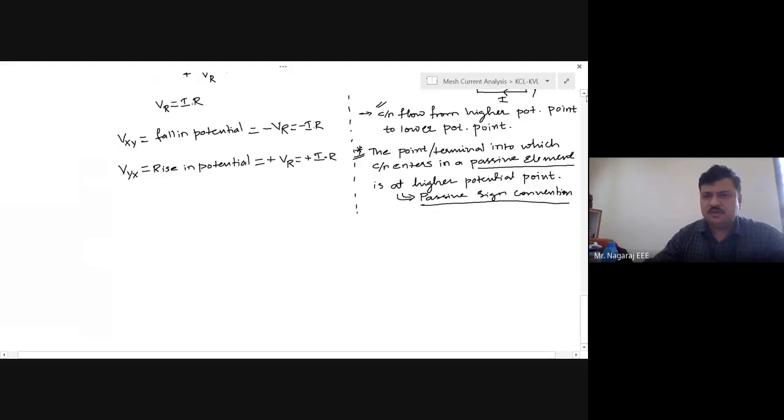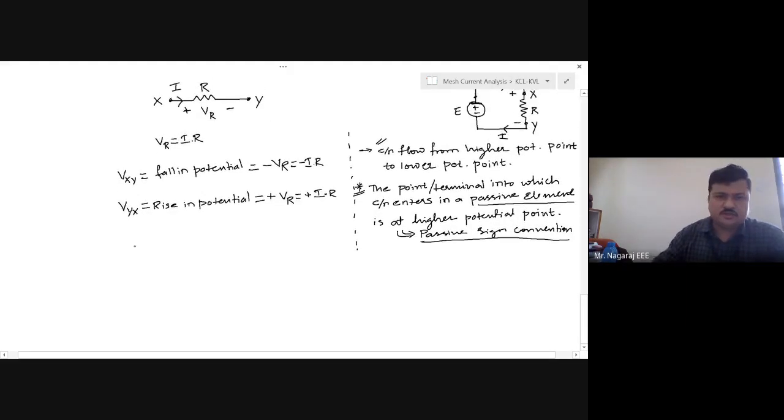Now if I have the resistor and the current is reversed, I have X and I have Y, with the resistor R. Now the current is from Y to X. Then it is evident that the point where the current is entering the passive element is positive, and the point where it is leaving is negative. Then what is Vxy now?